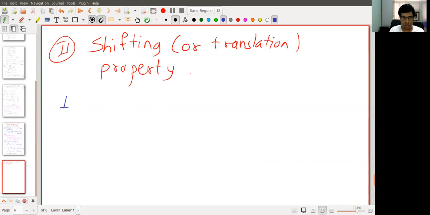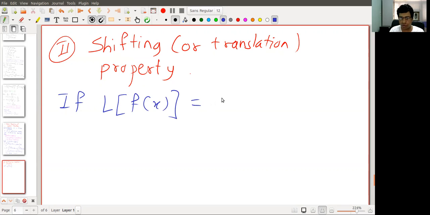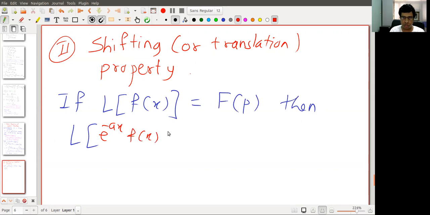The property is, if Laplace transform of function f of x equal to capital F of p, then Laplace transform of e raised to minus ax into f of x equal to capital F of p plus a.